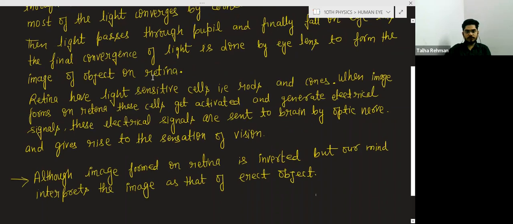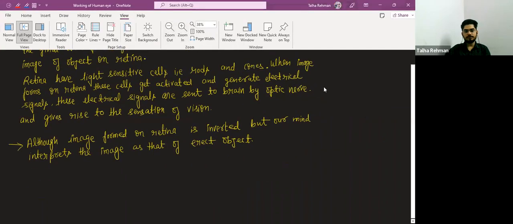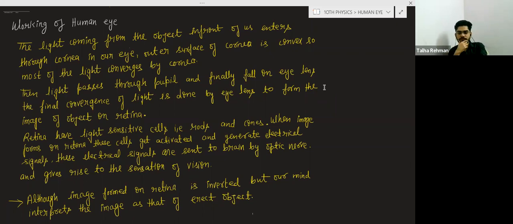So this is the theory part of the working of the human eye. You can write this in your own language also. Okay, note down this.